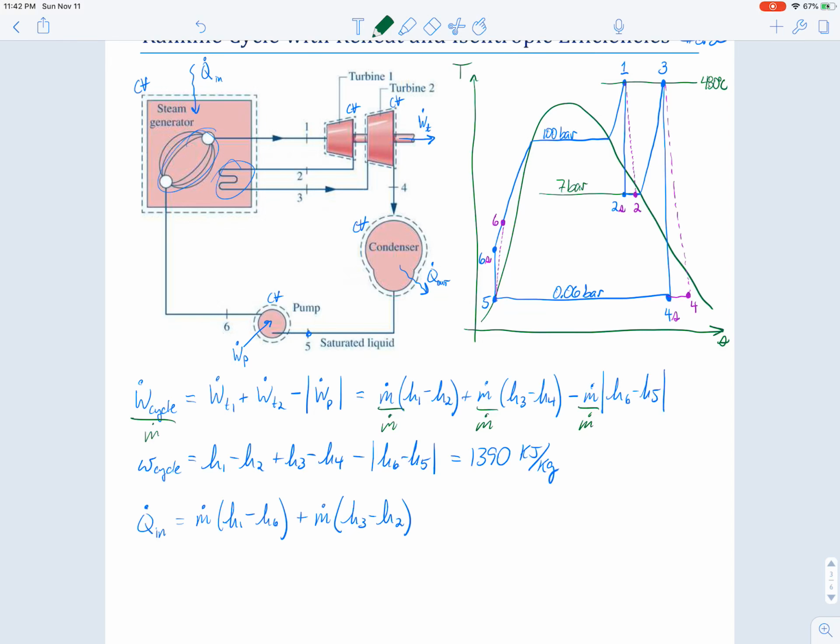And it's the same mass flow rate, so I can divide both sides and get this in terms of specific heat transfer. And I can plug in my enthalpy values and find that the total amount of heat transfer to my working fluid is 3,800 odd kilojoules per kilogram.